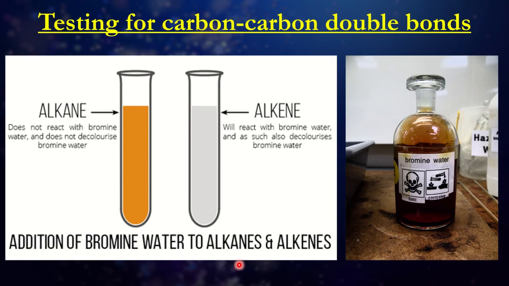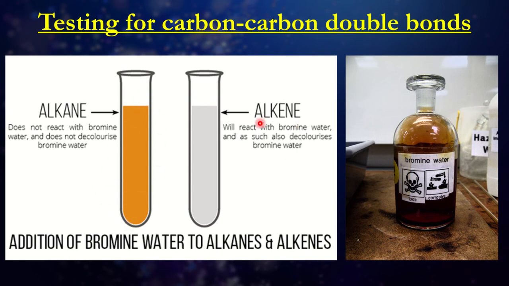All right, so the first test with the carbon-carbon double bond: we can separate between alkanes and alkenes using bromine water. Bromine water is naturally a reddish-brown color. If it's mixed with an alkane, there is no reaction and there is no color change.